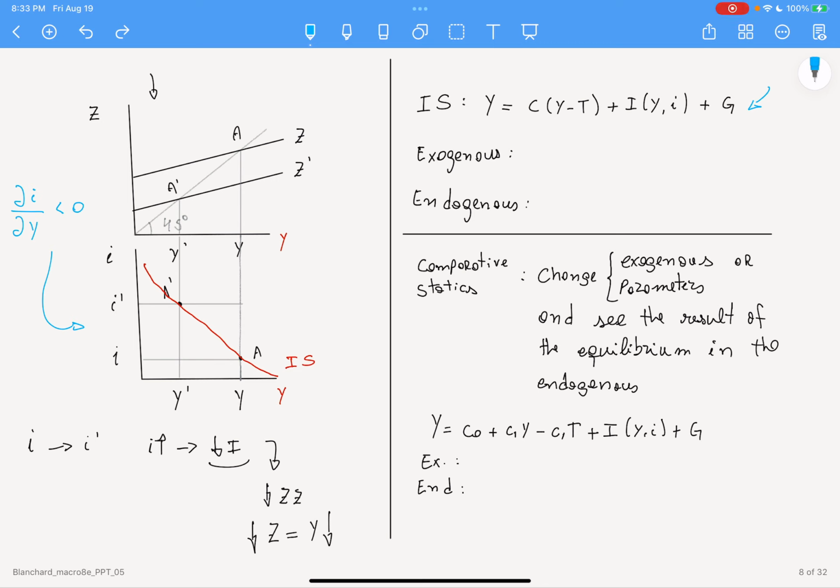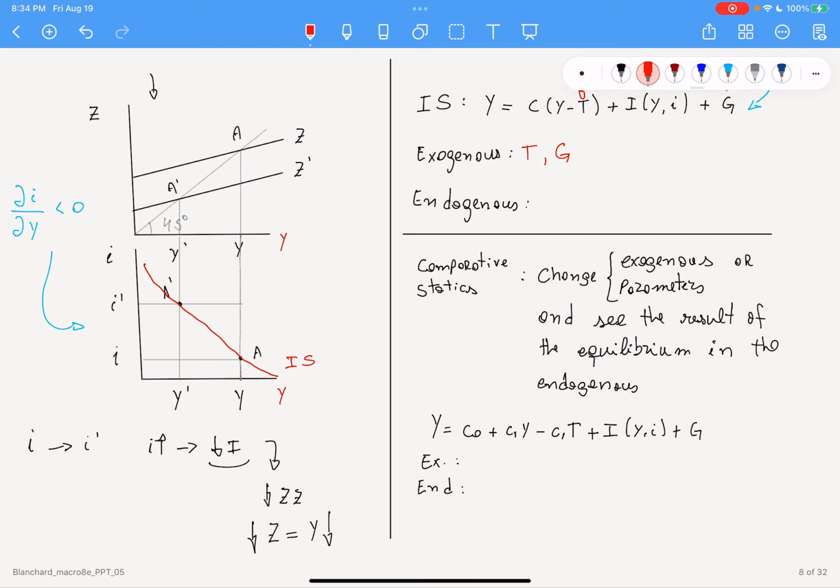In this case, what is given by the outside? Well, we are not modeling the taxes, and we are not modeling the government expenditure. So the taxes and the government expenditure are both exogenous here.